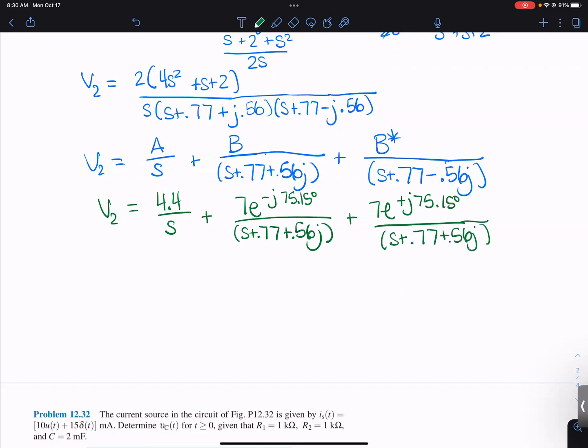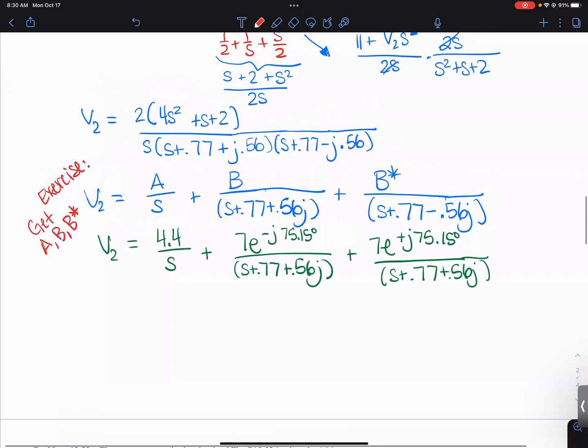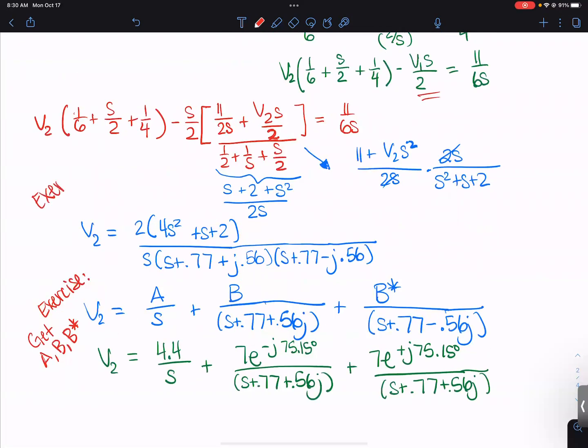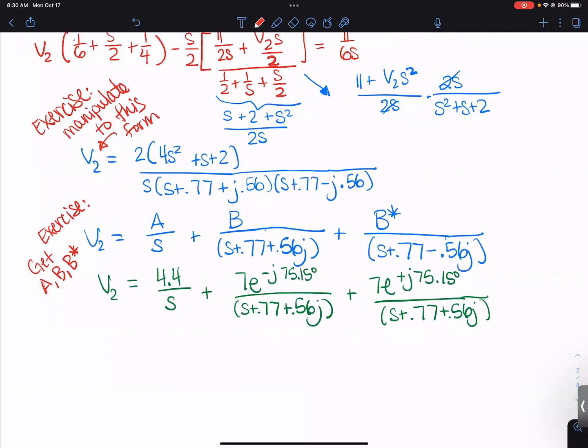All right, how do we translate these back into time? So 2 exercises to do.